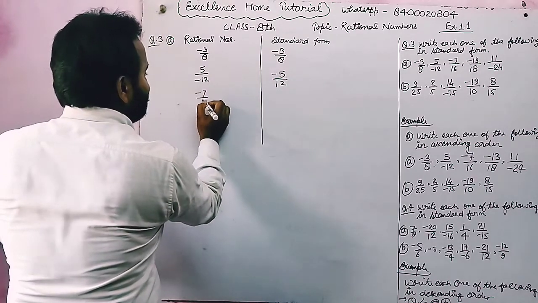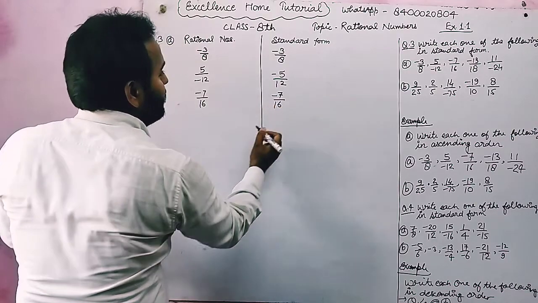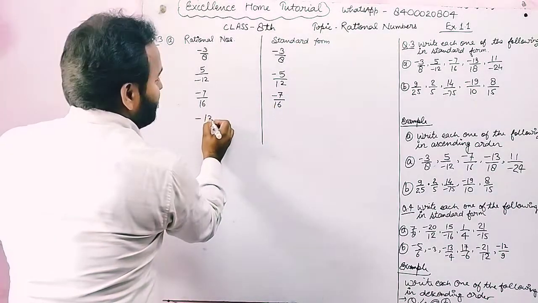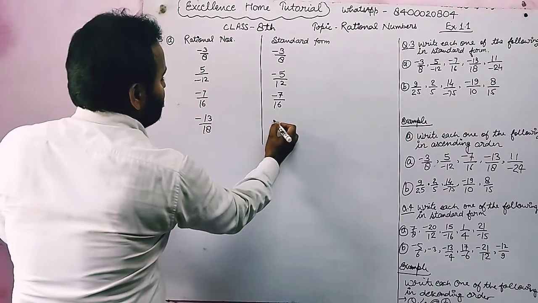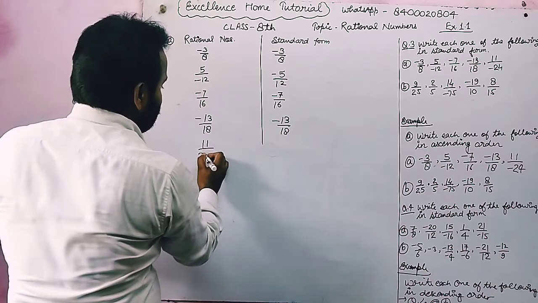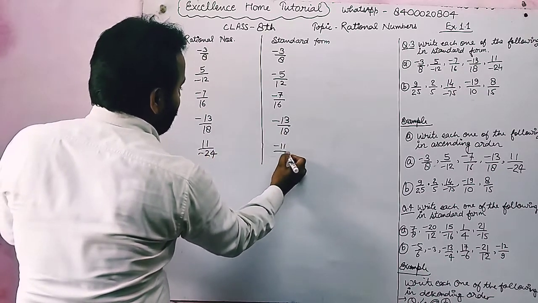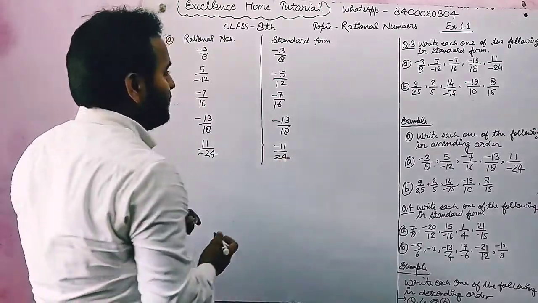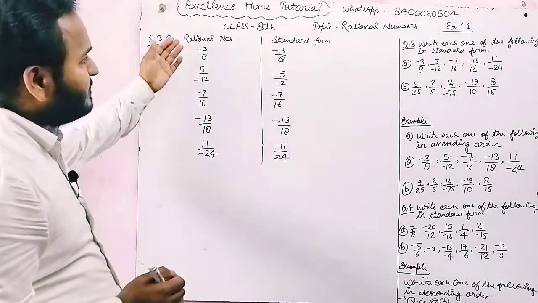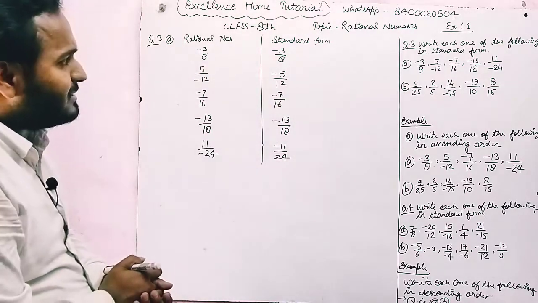Minus 7 by 16 is in lowest form and also in standard form. Minus 13 by 18 is also in standard form. 11 by minus 24 is written as minus 11 by 24. So this is the rational number and this is the standard form of the rational number.